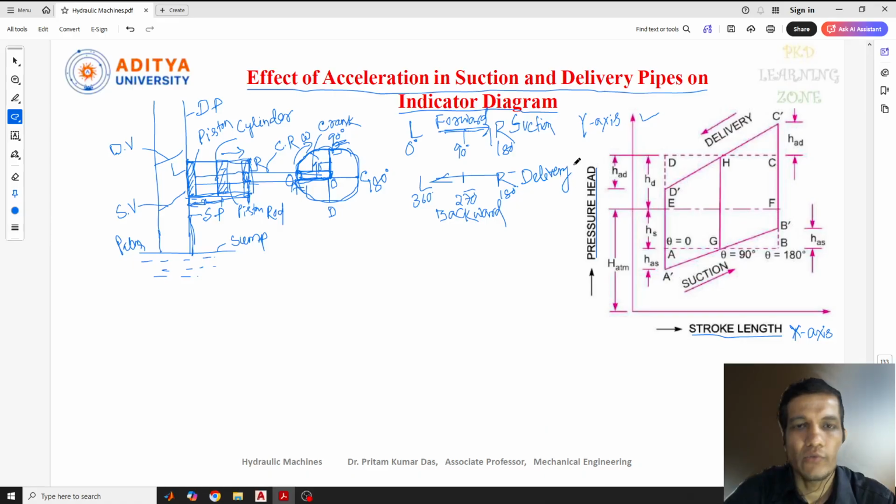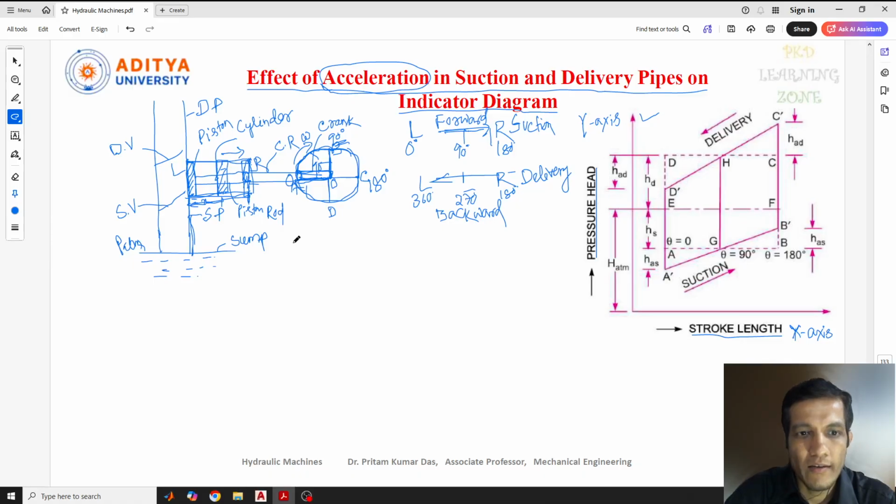I also told you these things in our last lecture. So what is the difference? In the last lecture we discussed the ideal indicator diagram. In the ideal indicator diagram we did not consider the acceleration part. In the previous lecture's derivation, we got the pressure head due to acceleration in the suction and delivery pipes.